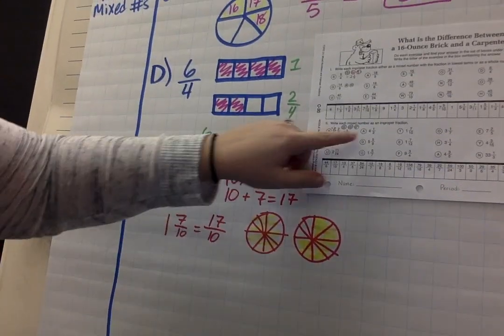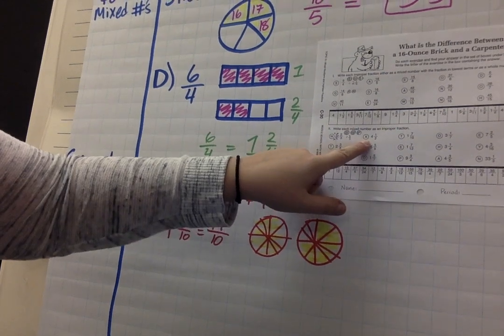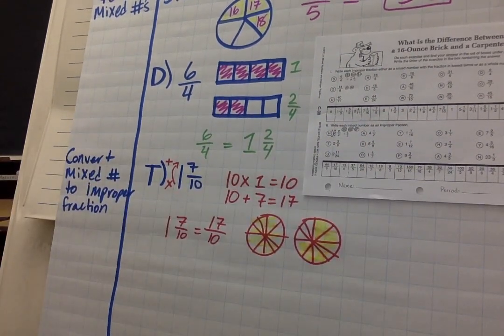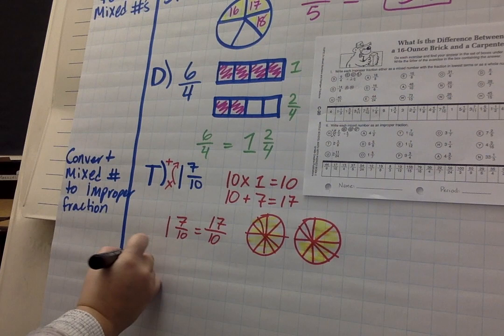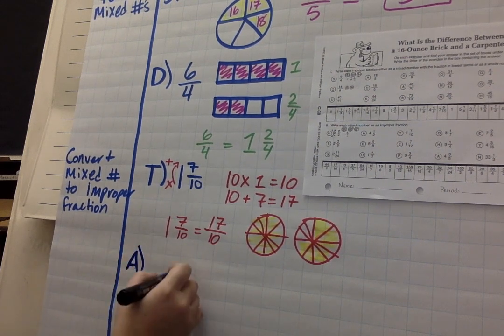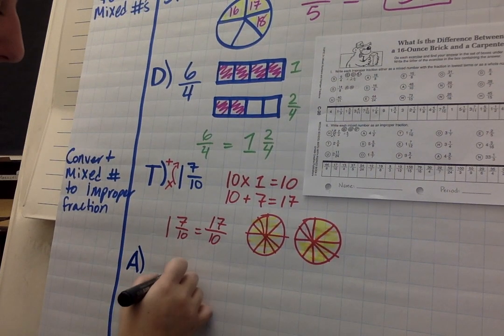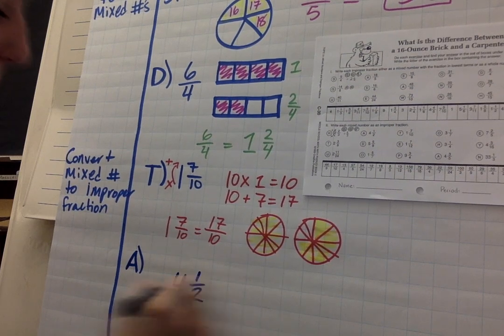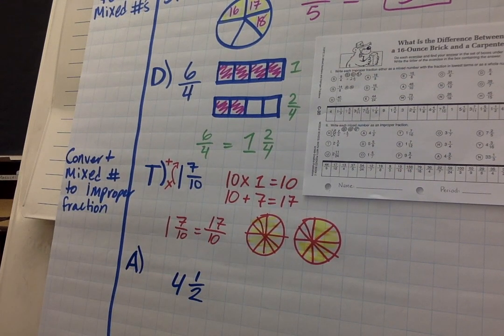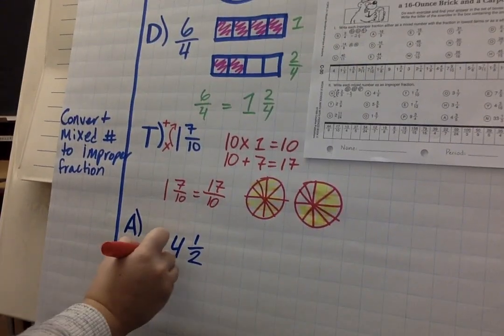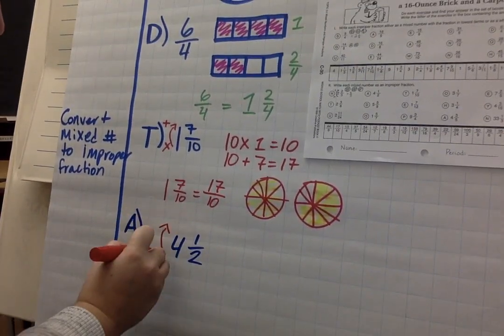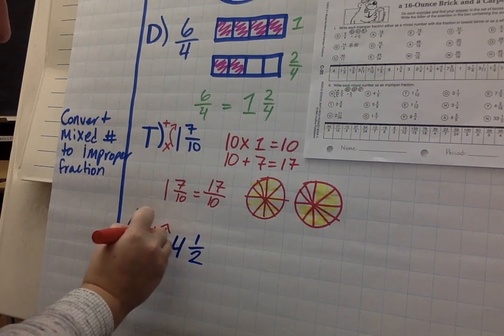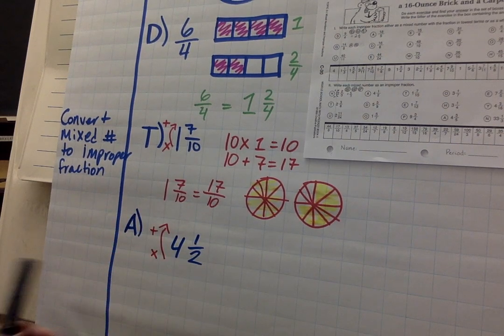Okay, let's do A. Okay, so in A we have 4 1/2. Okay, I'm going to remember my smiley face. So I'm going to multiply and add. So what am I multiplying? I'm going to multiply 2 times 4.